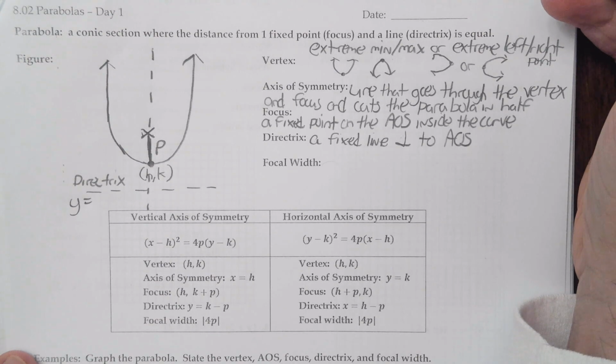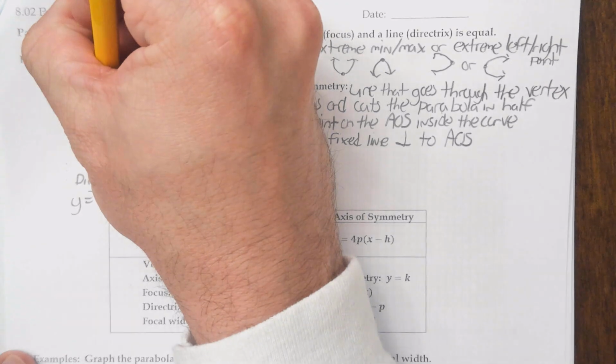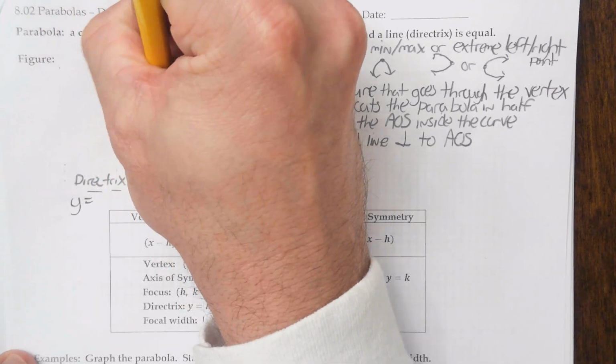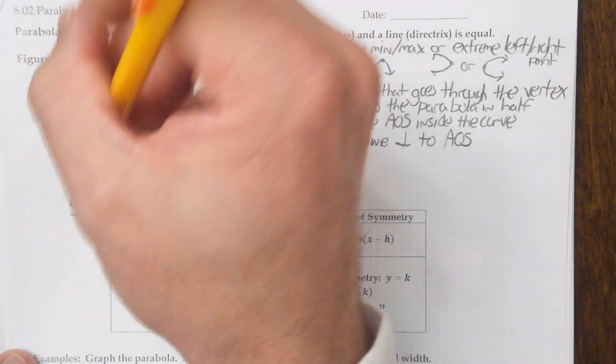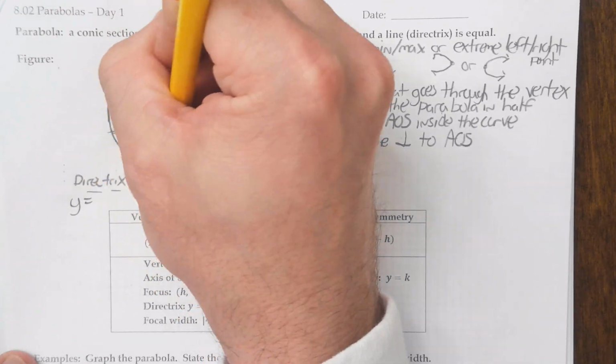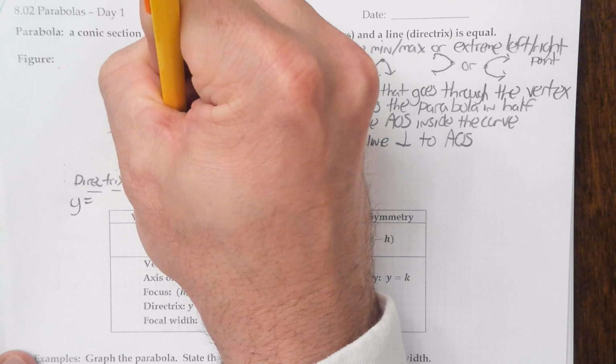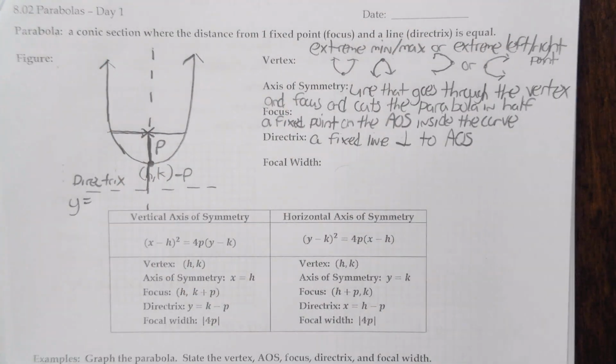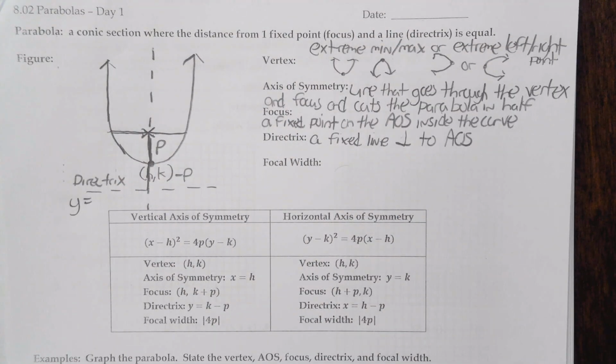The distance from the vertex to the directrix we call negative p, so P just going the opposite direction. If P was up 2 to get to the focus, it would be down 2 to get to the directrix.